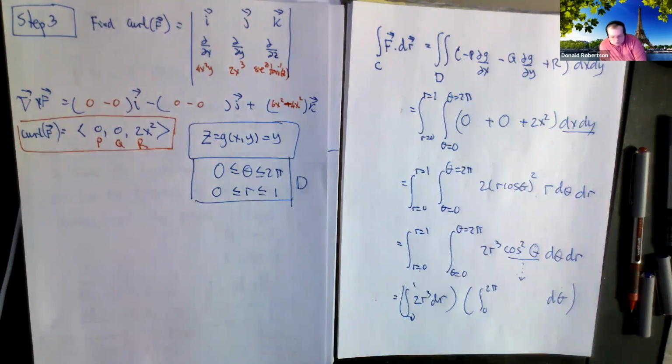Trig identity cos squared theta equals something, and you need to be able to do a conversion to tell me what it is so I can integrate it. Any takers? Last chance. I'll give you a start now.